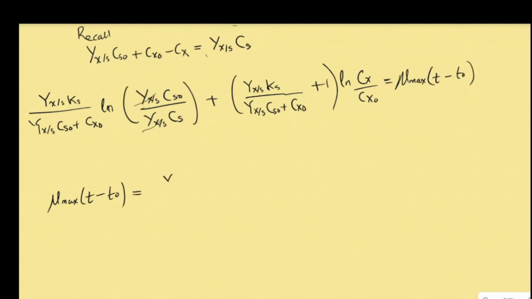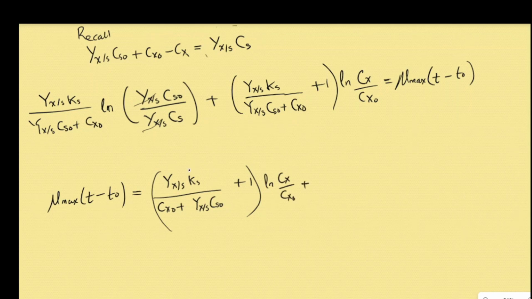We'll have YX/S KS over CX0 plus YX/S CS0 and plus 1, ln CX over CX0, then plus YX/S KS over CX0 plus YX/S CS0, like this, then ln CS0 over CS.